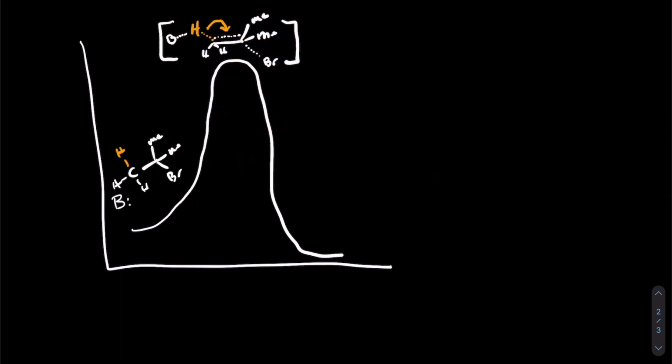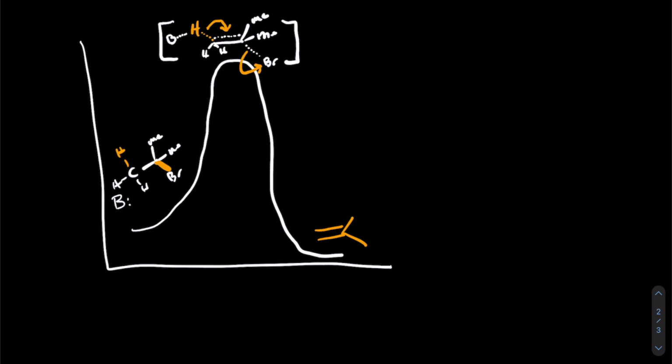Those are going to go down here to make the double bond. And then the electrons that used to form this carbon-bromine bond are going to just go plop right onto bromine. And then you end up with your final product.